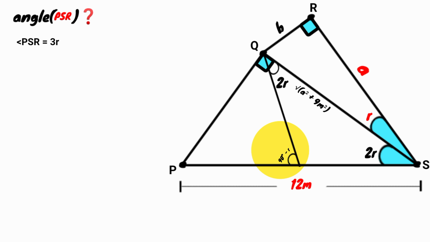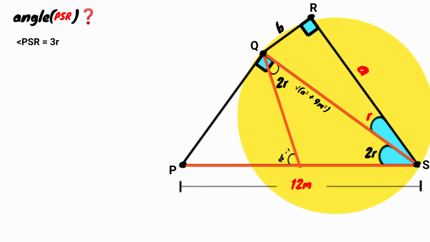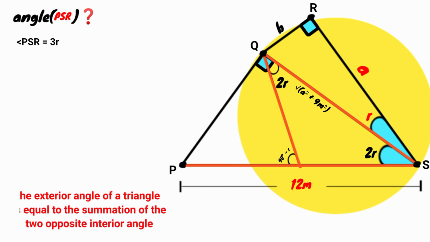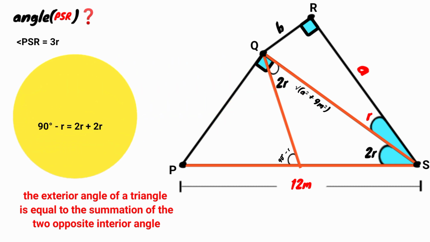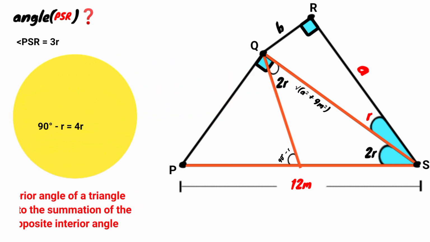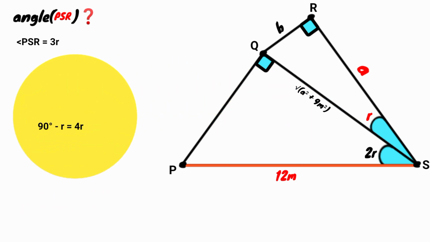Now come here, we see this angle is an exterior angle of this triangle, and we know the exterior angle of a triangle is equal to the summation of the two opposite interior angles, which are this and this. So therefore, it's 2R plus R, which is 4R. Therefore, 90 degrees minus R equals 4R.